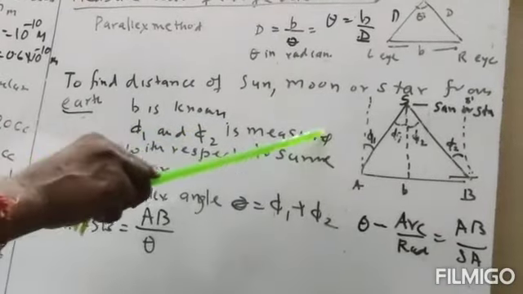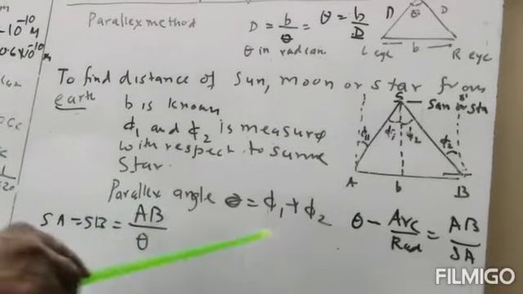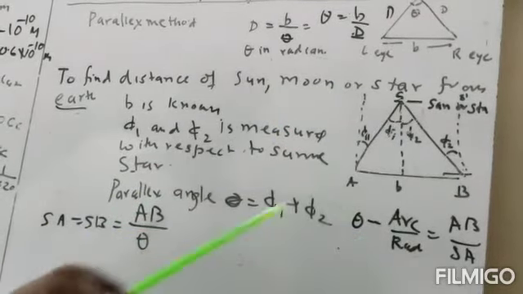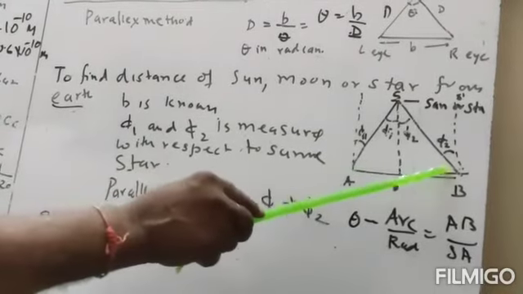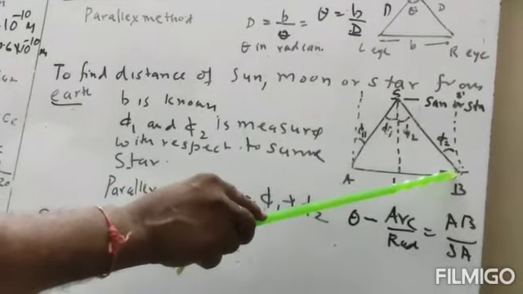Angle is equal to arc divided by radius, so theta will be equal to AB divided by D. So D will be equal to AB divided by theta. AB we have measured with the tape, and phi 1 and phi 2, or the total angle theta, is the parallax measured.